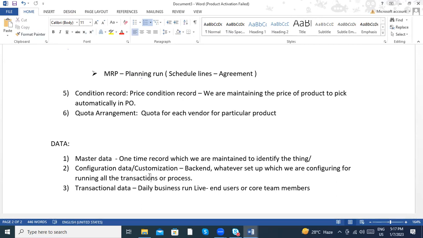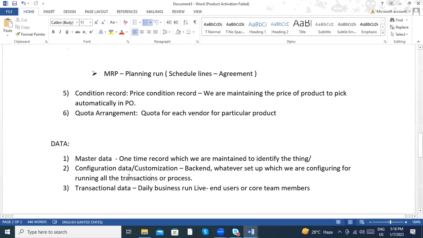So what we need to do is define the new plant and map it to the company code, which company code it is, how many locations there are, and what the process is, and if any customized process or customized parameters are there. All of this we will define in the backend. If we define it in the backend, they can run smoothly using that predefined configuration data. They can use users and create the purchase order for this plant.